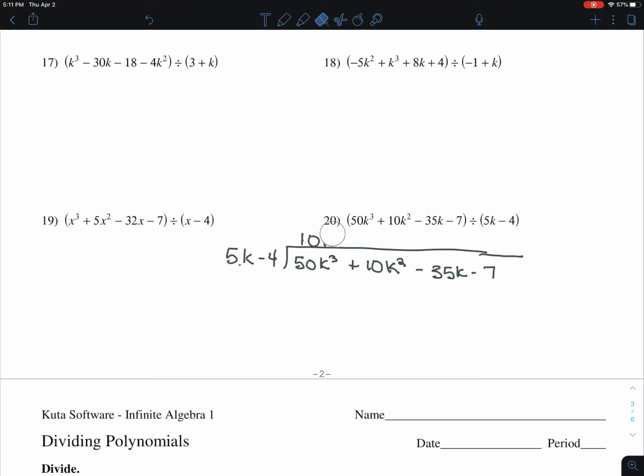One of the things you want to notice, and I probably should have mentioned that earlier, is that it's generally going to start in this column. So what did I say the answer was? 10k squared. It's generally going to start in that column. Okay, so now we divided, now we multiply. So we multiply both terms, and we get 50k cubed minus 40k squared.